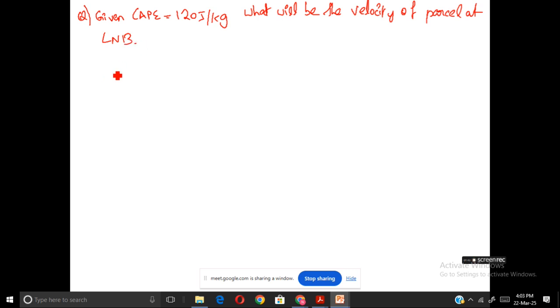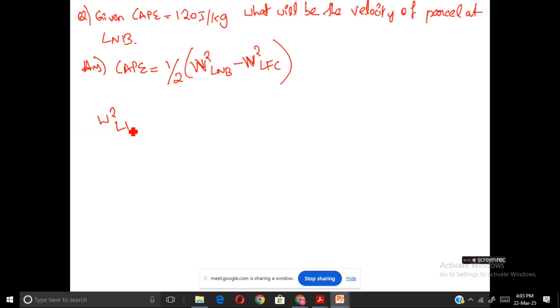So we know the value of CAPE, and we want to find the velocity of the parcel at the level of neutral buoyancy. So CAPE, we know, is nothing but half into V square at LNB minus V square at LFC. Let's assume that W, the vertical velocity at LFC, is 0.